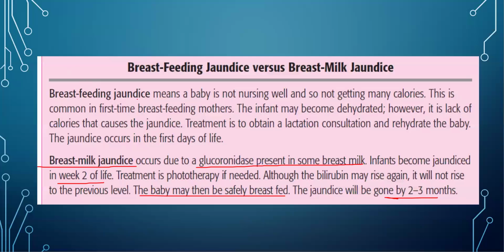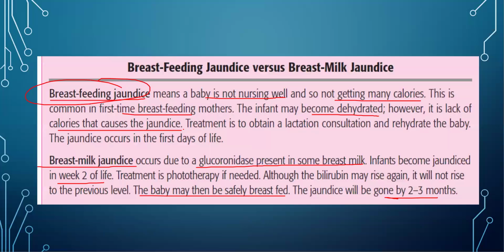What is breastfeeding jaundice? Breastfeeding jaundice means that the child is not getting enough breast milk, so the baby is not nursing well and not getting many calories. This is common in first-time breastfeeding mothers. The infant may become dehydrated. However, it is lack of calories which causes the jaundice.